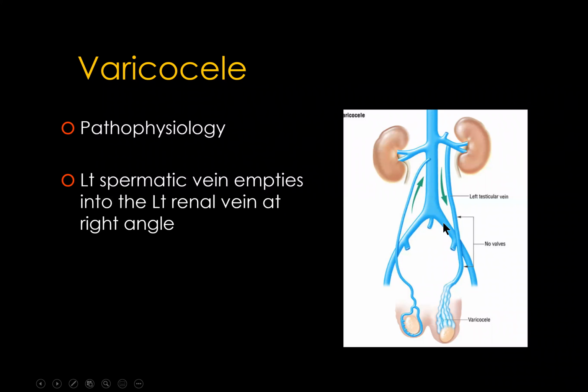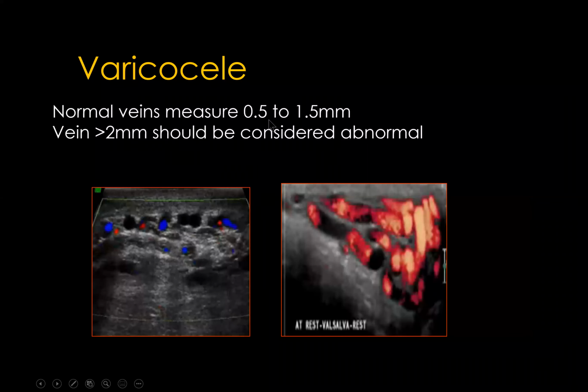And this might cause the valves to be incompetent and allow retrograde flow, resulting in dilatation of the pampiniform plexus of the veins. The normal vein measures 0.5 to 1.5 millimeters, and if it is greater than 2 millimeters, we can consider it abnormal or varicocele.